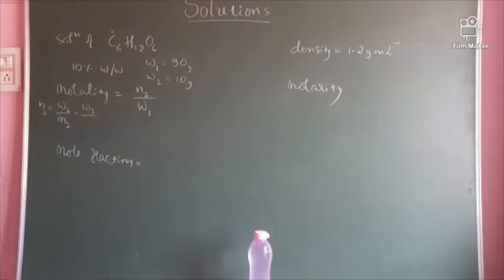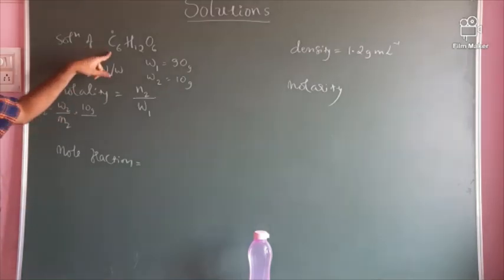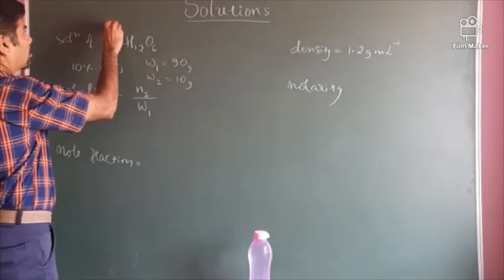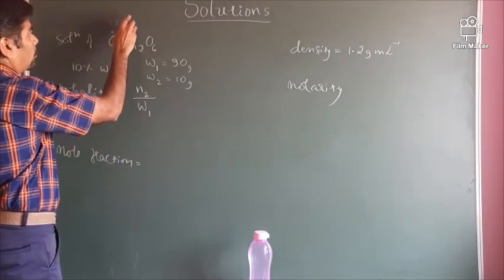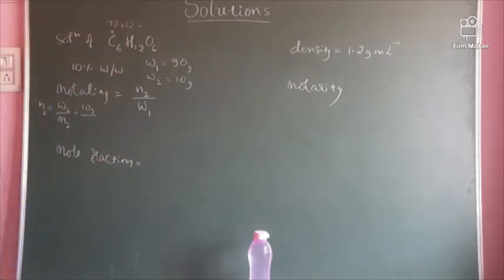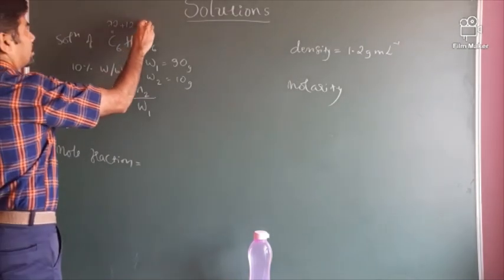In C6H12O6, there are 6 carbon atoms, and 12 is the mass of each carbon atom, so 12 into 6 is 72, plus 12 hydrogens, plus 6 oxygens, that is 96.